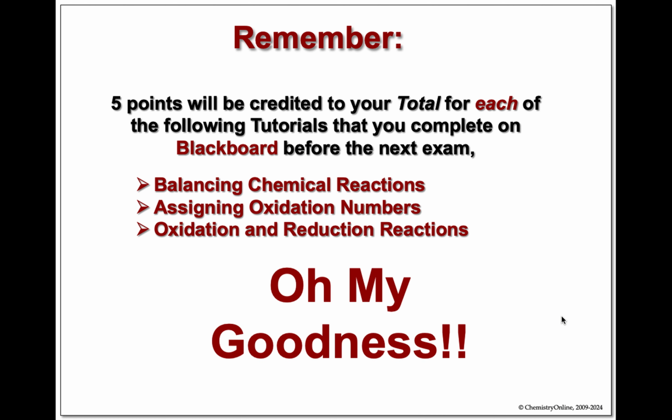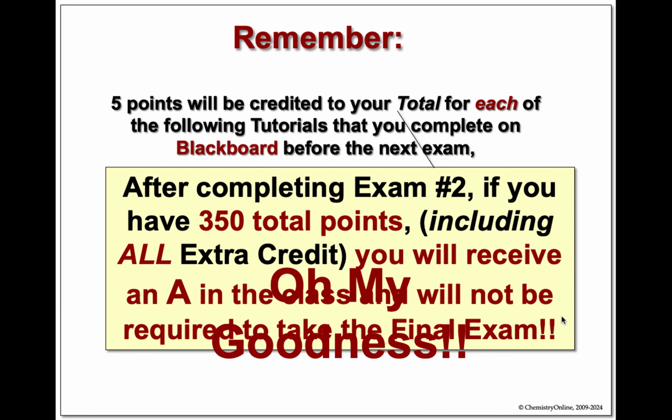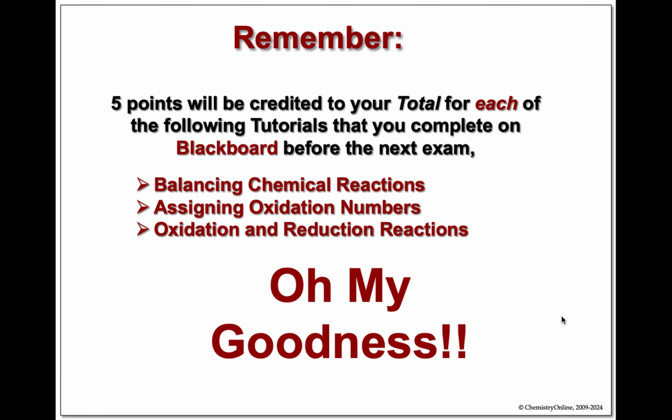And oh my goodness. After completing exam 2, if you have 350 as overall points, you get an A and no final. Once again, I said, oh my goodness. And once again.